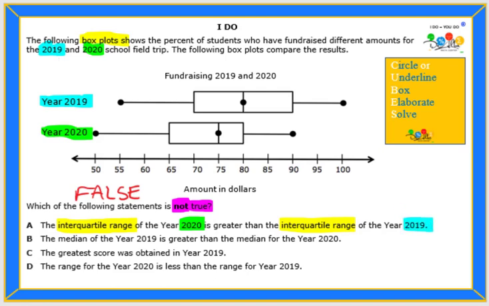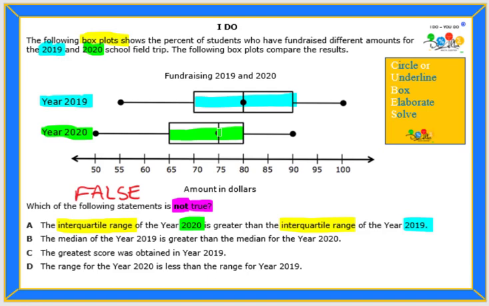Remember, the interquartile range is the spread of the middle 50%, which is only the box. So for 2019, from the beginning of the box to the end of the box, that is the spread or the interquartile range. Same thing for 2020.